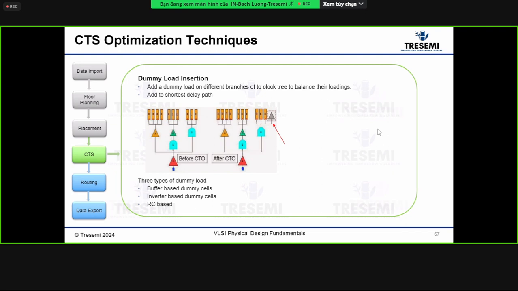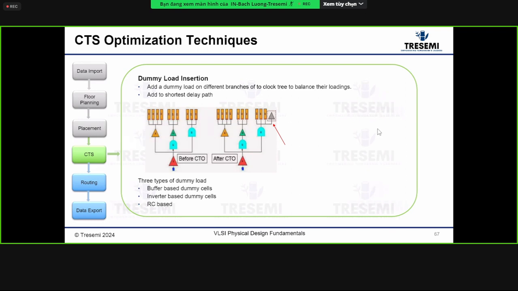You can connect one of the loads to a spare cell, and then understanding the technique, you can slow down the clock branch that connects to that spare cell. Most of the time the tool does it for you, but understanding the technique is very important later on, especially during ECO.